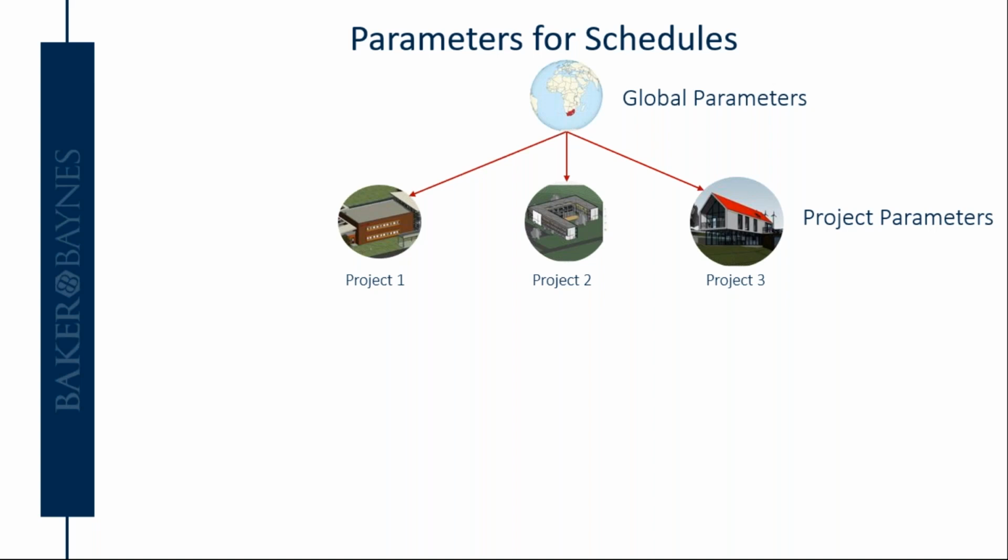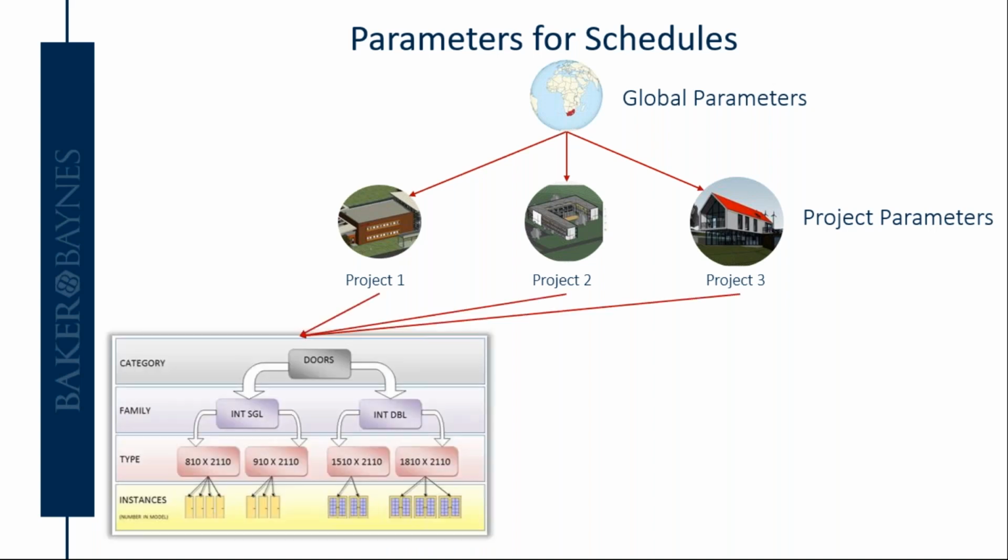And then also just another recap is that each of these projects are then made up of various elements that belong to various categories. So the categories could be like doors, windows, walls, beams, columns, and the like.